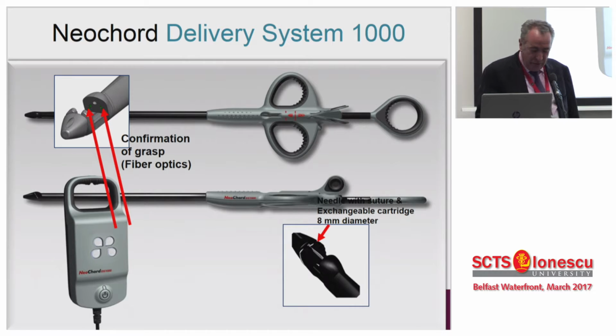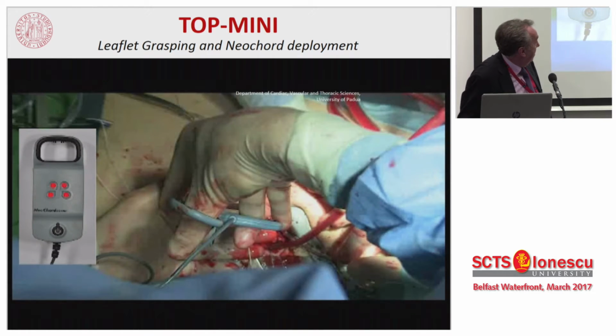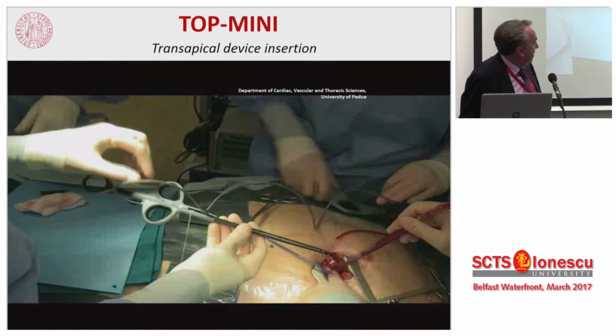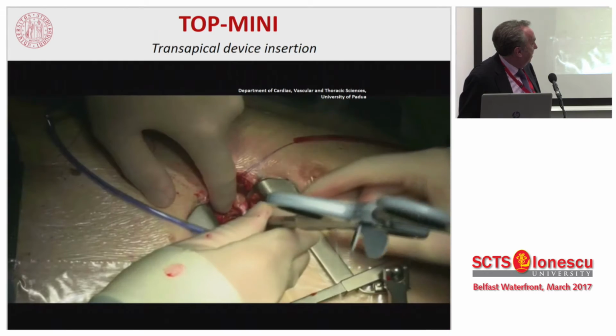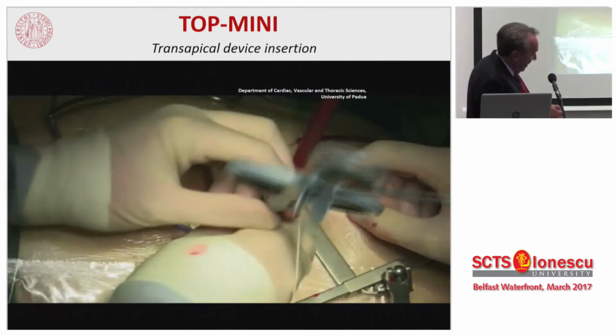This is the Neocord system. You have this trench here in which you try to capture the leaflet. It's got some sensors, and when you get leaflet tissue in, I'll show you these lights light up. This is slides from Gino Gerosa in Padua.